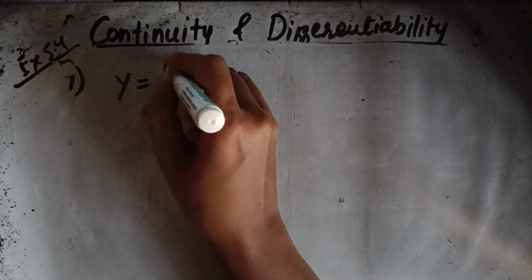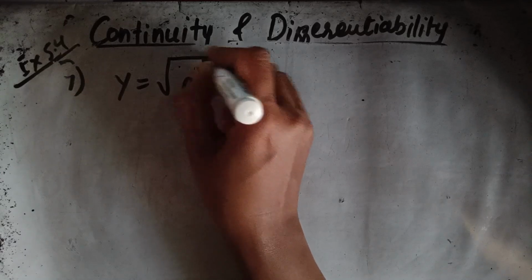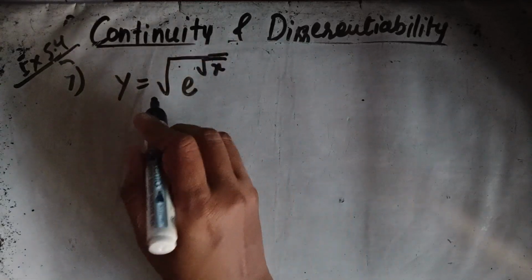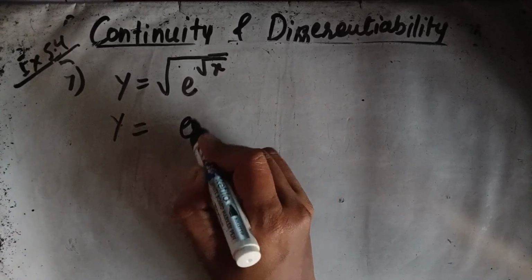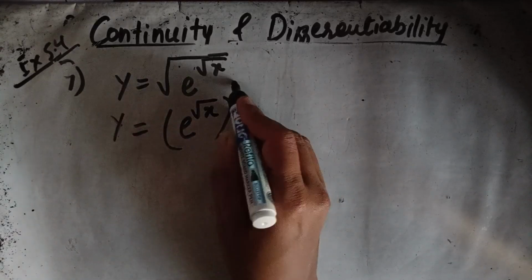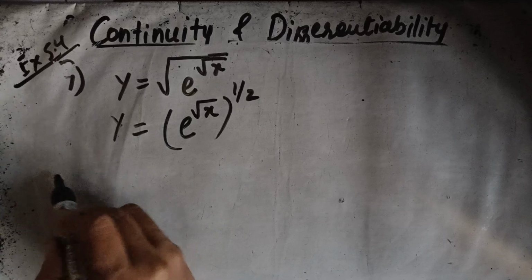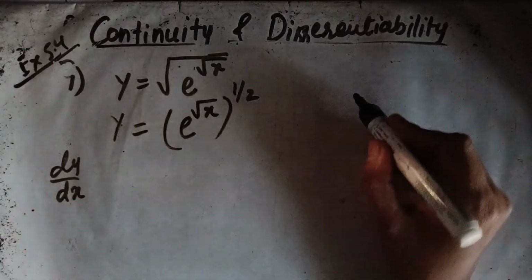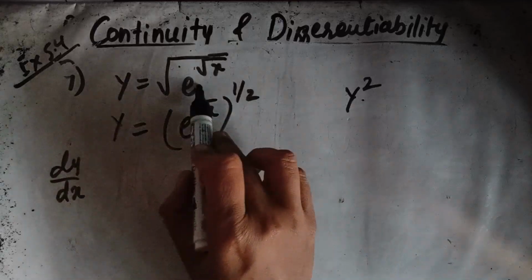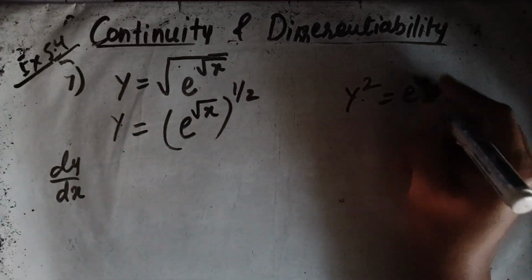Y is equal to root of e raised to root x. Okay. So this is given as y is equal to e raised to root x raised to half. Okay. So dy by dx is, this you can also write as y square, that is squaring both the sides, you will get e raised to root x.